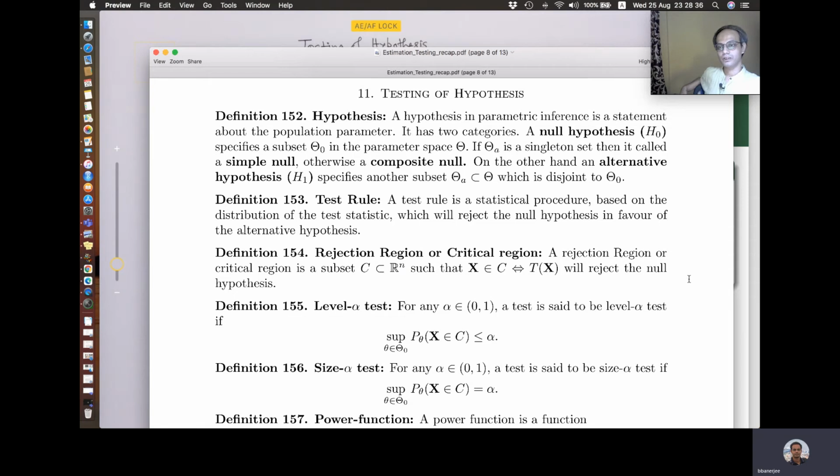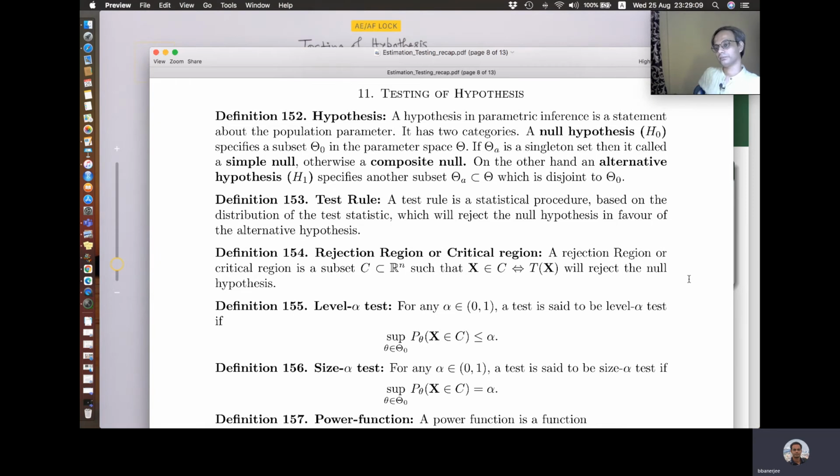It is not only that you can make a general comment or statement, it should be mathematically acceptable, about the population. That is also a hypothesis here, but they can be dealt with either parametric structure or non-parametric structure. Here we are typically discussing parametric inference, so we will be sticking to parametric inference itself.